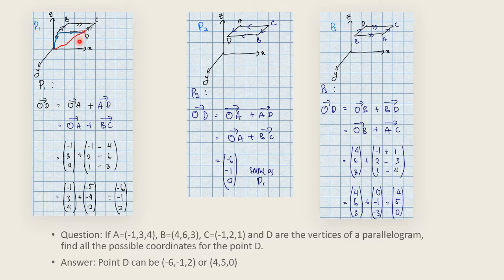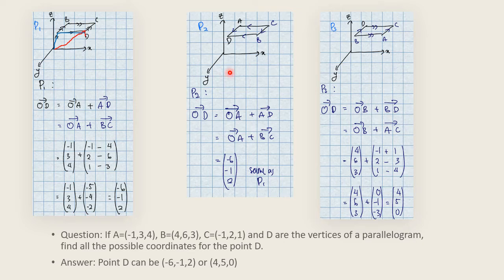However, we can compute AD by finding vector BC, which we have the position vector for each of them. We do this by taking the coordinate of C and minusing B from it. And from there, we just add them together, and then we get -6, -1, 2. So OD equals that, and that is the position of D in P1.